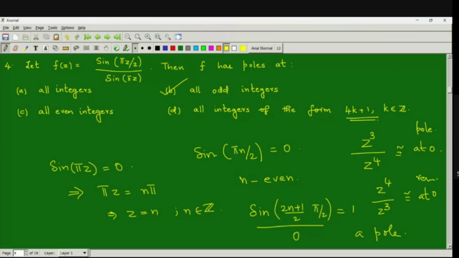Of course, 4k plus 1 is an odd integer, so it will also give me a pole. But will all integers give a pole? No, we have seen for n equal to 2, this is not giving a pole. For all even integers, of course. So have you understood how to figure this out? Okay.